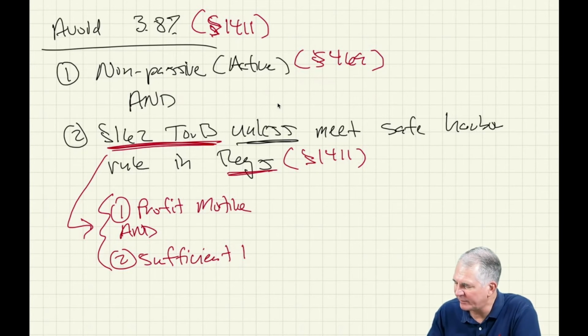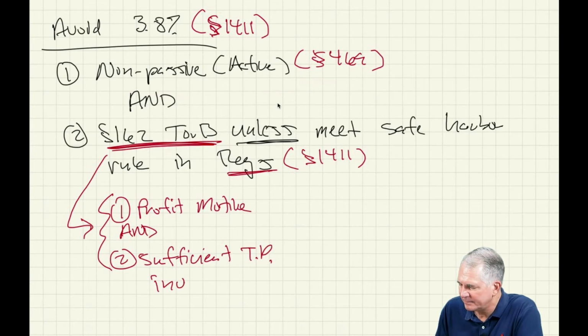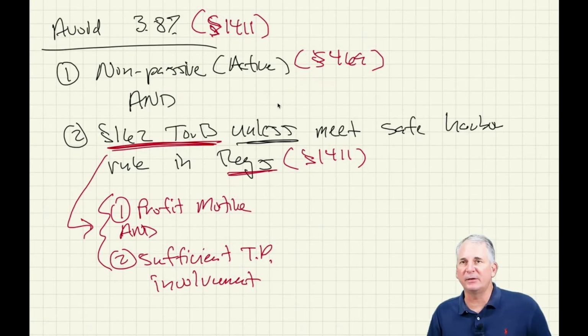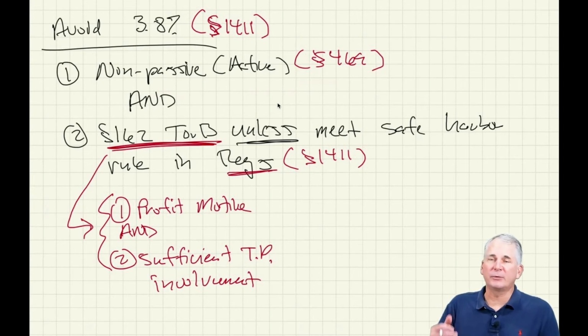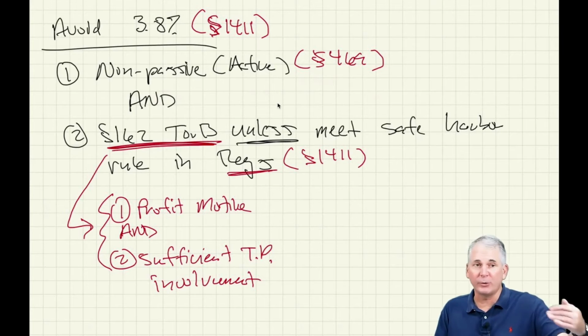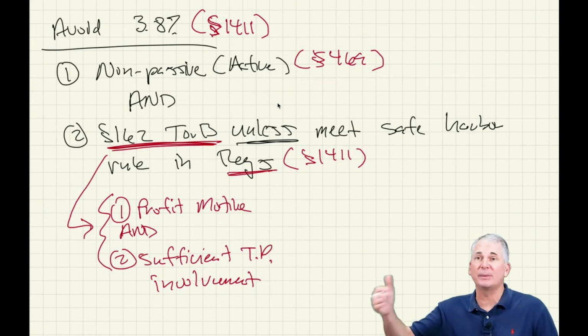Now, please note, with the sufficient taxpayer involvement one, the taxpayer doesn't necessarily need to be doing the work with respect to the business, but they're the one responsible to do the work. So in other words, if you have a rental property, the rental can be a trade or business even though you are not taking care of it, but your employees are, or you hire people to do work like a management company.